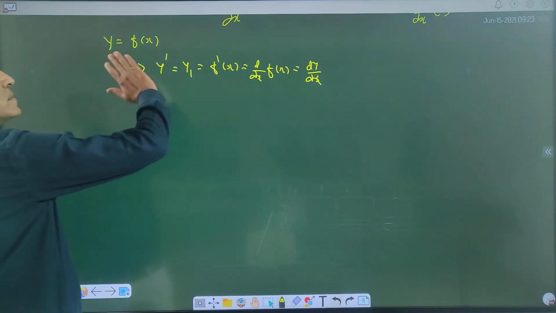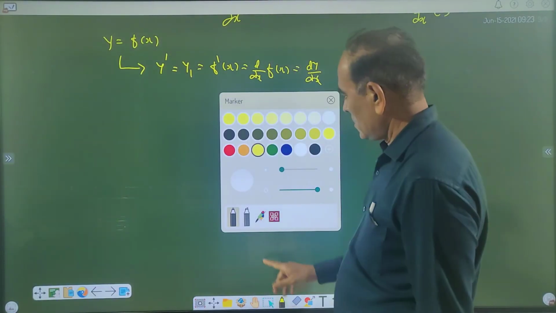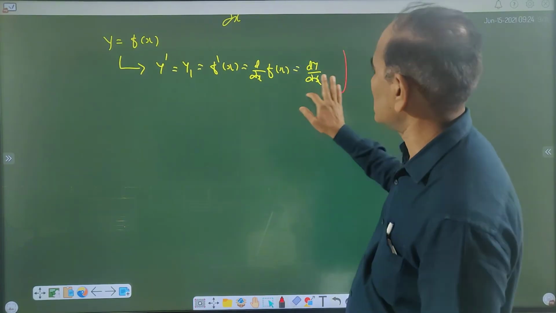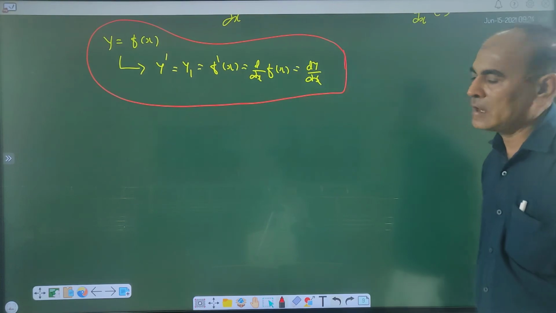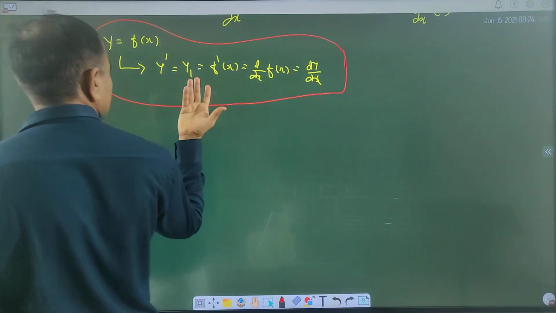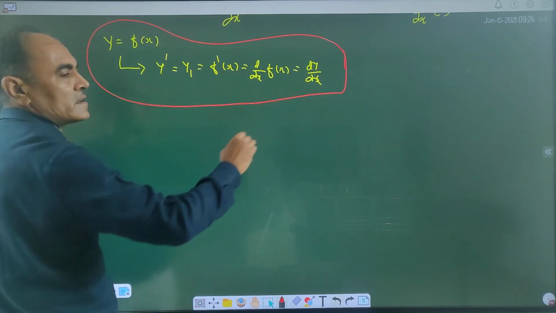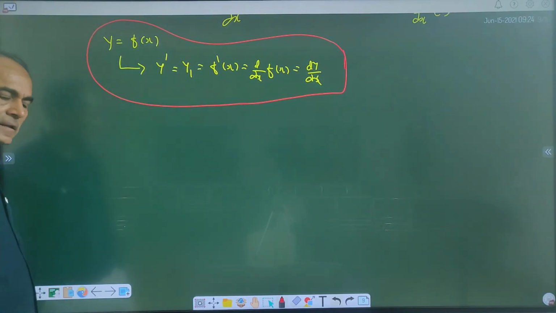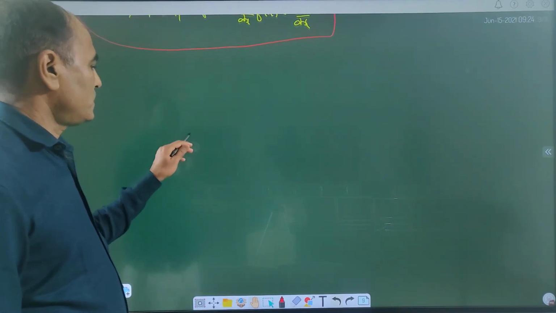These are all the notations for the first derivative of a given function y is equal to f x. They can ask for y is equal to f x, find y dash, find y1, find f dash, find d by dx of f x or dy by dx. One and the same thing. Clear? Yes. So this is the notation for the first derivative.